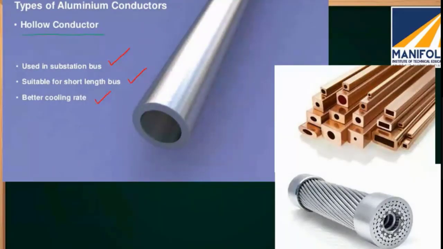Bus bar is a location where you connect both sources and loads together. The highest current will be in the generating station bus bar, where you are generating a huge amount of power at low voltage. So the current that is injected into the bus bar is very high.